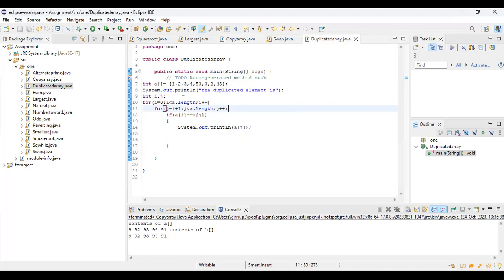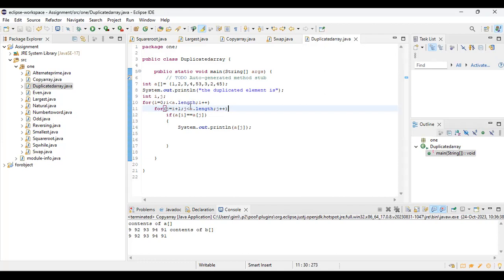If it is equal, then you just print that particular number. So for i is equal to 0, i less than a dot length, as it is an array value, I'm initiating this i value, and then again for j I have to use i plus 1, because it has to start from the next value. Otherwise, it will be repeating again and again from the first value.